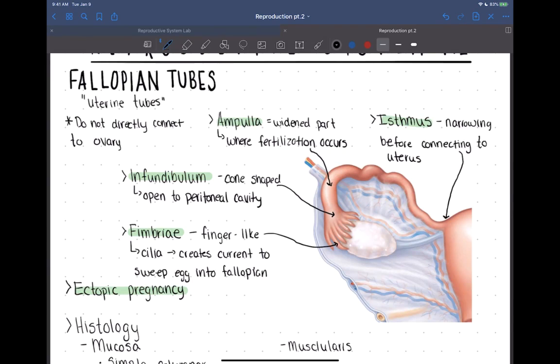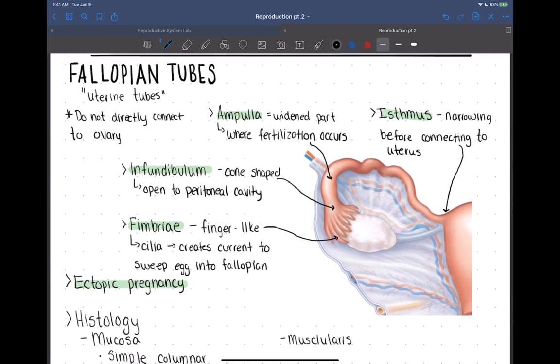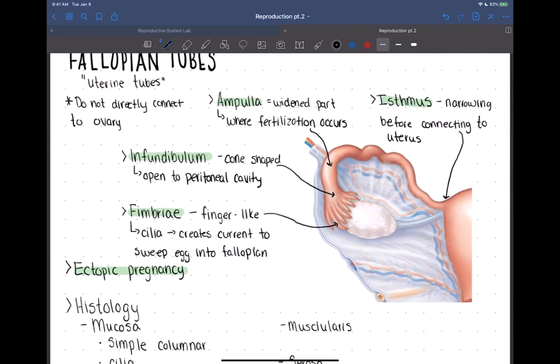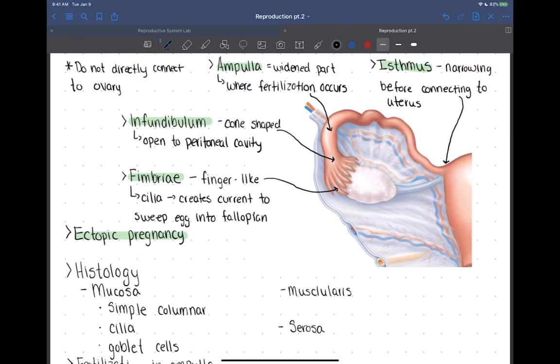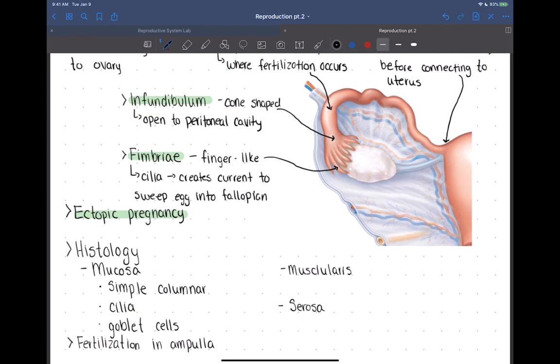I mentioned a little while ago that it is possible for an egg to not make it into the fallopian tube, to be ovulated into the peritoneal cavity. It is also possible that that egg becomes fertilized. That would lead to an ectopic pregnancy.